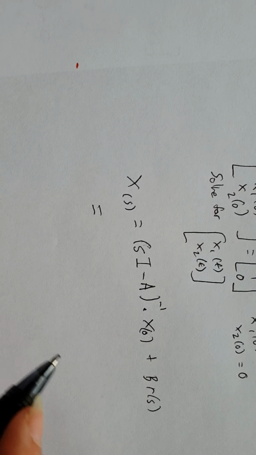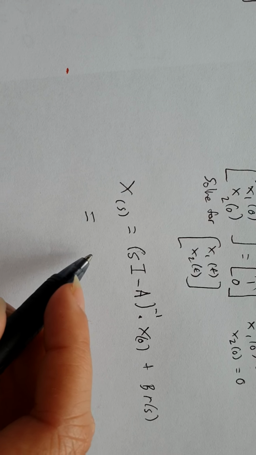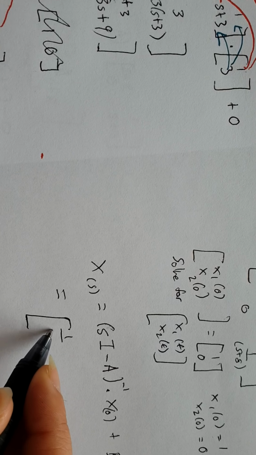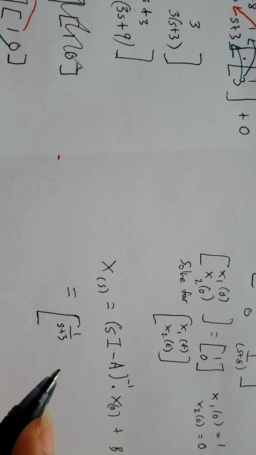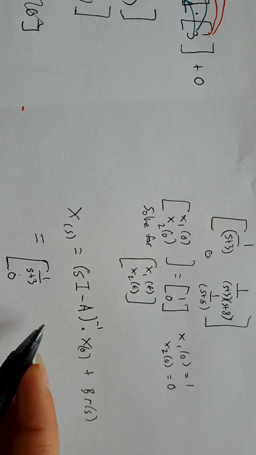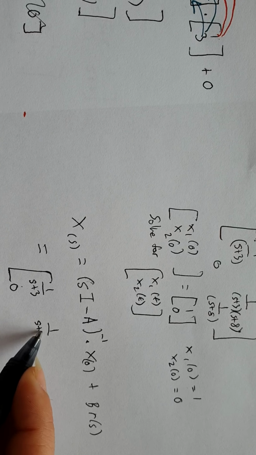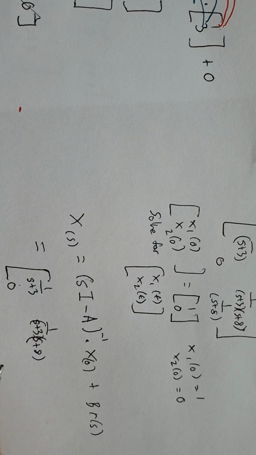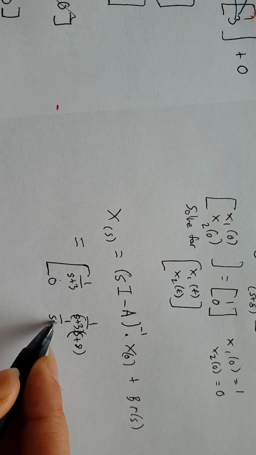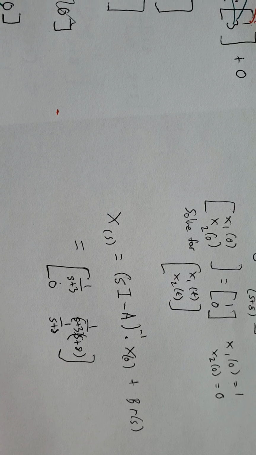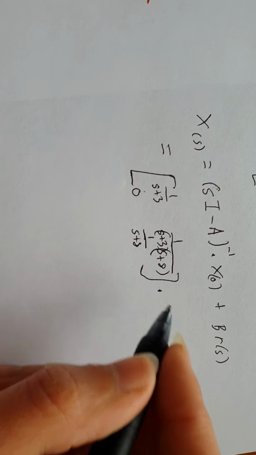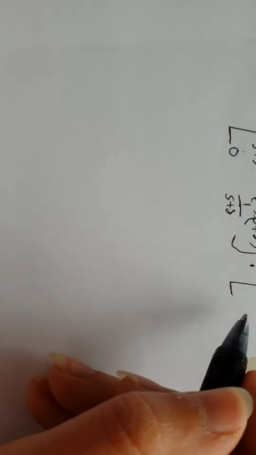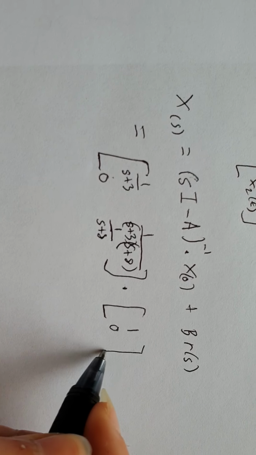We don't have to worry too much about that last bit, but we'll write our equation again. 1 over s plus 3 over 0, then our 1 over s plus 3, s plus 8, and 1 over s plus 8, times our x of 0 up here, 1 and 0.